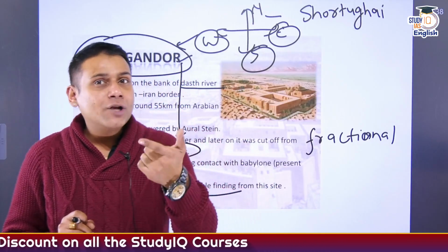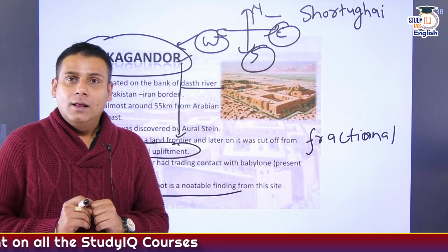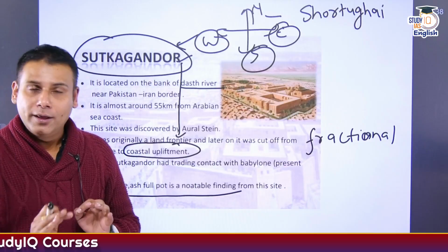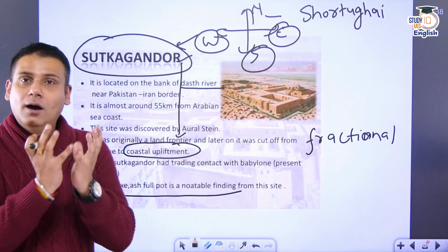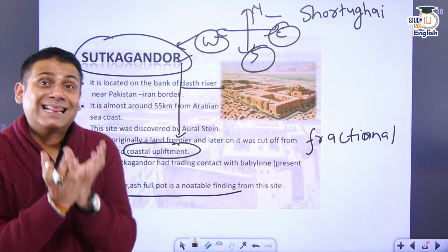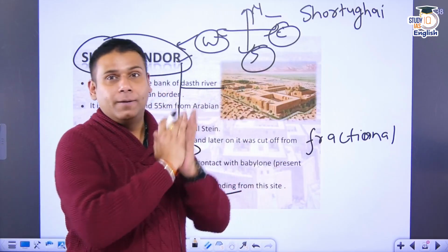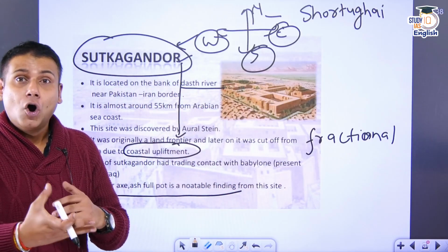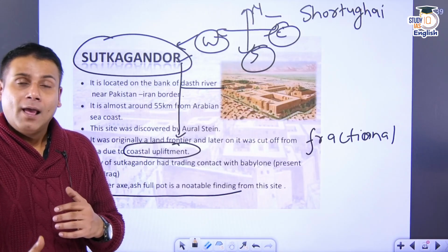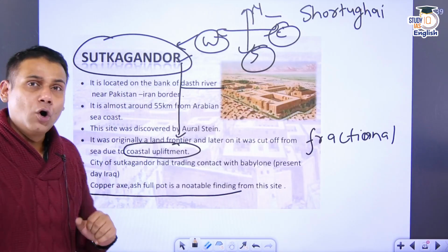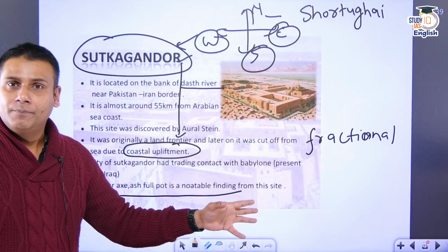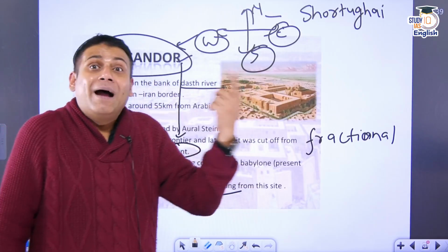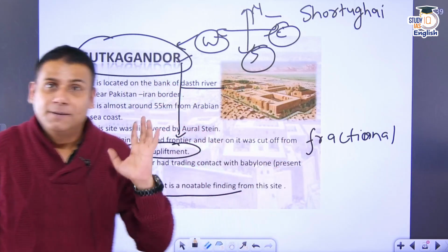And in partial or fractional burial, after burning the body, the ashes are collected in an urn, in an earthen vessel. And that earthen vessel is buried. This practice is called fractional burial or partial burial. Since an ashful pot was found at Sutkagendor, located on the Pakistan-Iran border, these people might have practiced the fractional burial system.